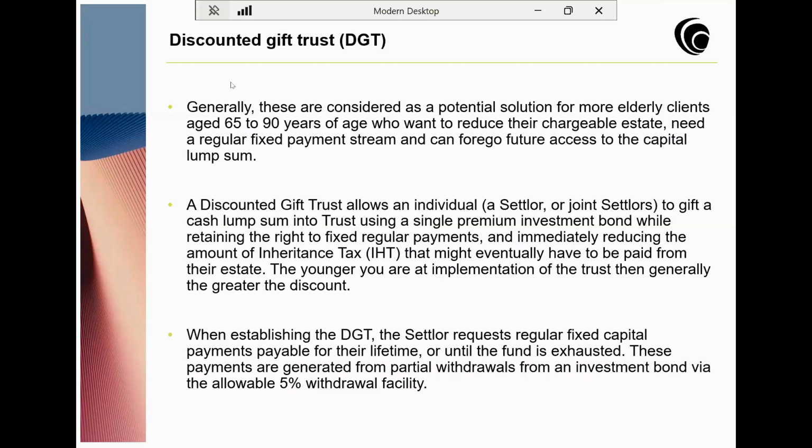So these are trusts often considered, due to those constraints, for more elderly clients who are willing to not have access to that capital in the future. However, the younger the settlor is, then in fact it may be the greater the discount.